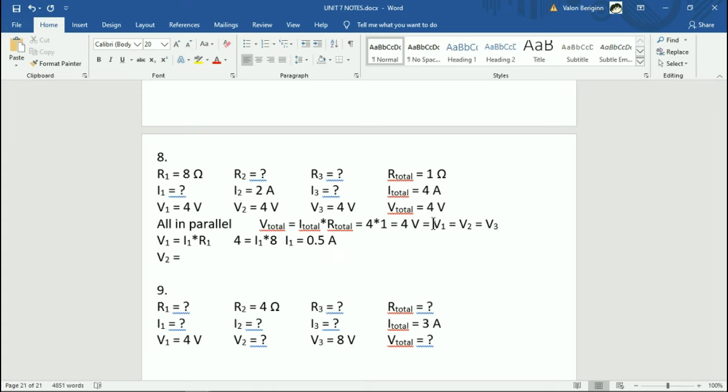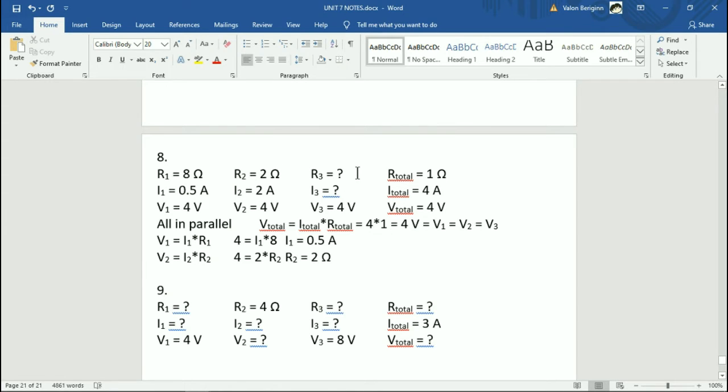V2, 4 equals 2 times R2. So R2 equals 2 ohms. Let's put these in. And 2 ohms.